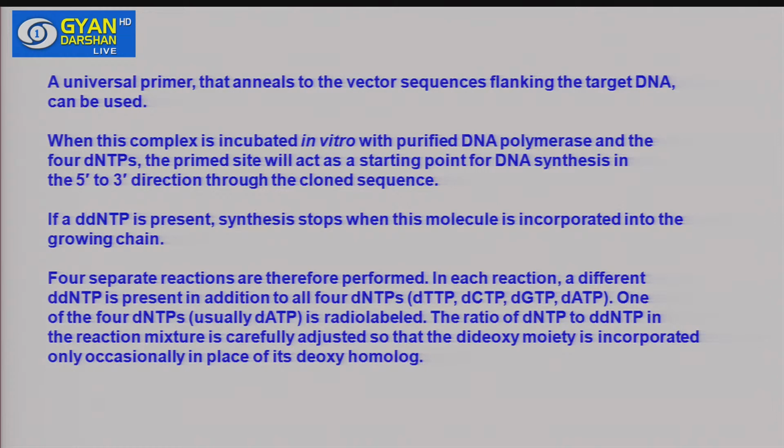So you have 4 separate reactions. In each reaction you have a separate ddNTP, and in addition you have all the 4 dNTPs. The ratio of dNTP to ddNTP is carefully adjusted so that the dideoxy moiety is incorporated only occasionally in place of its deoxy homologue.